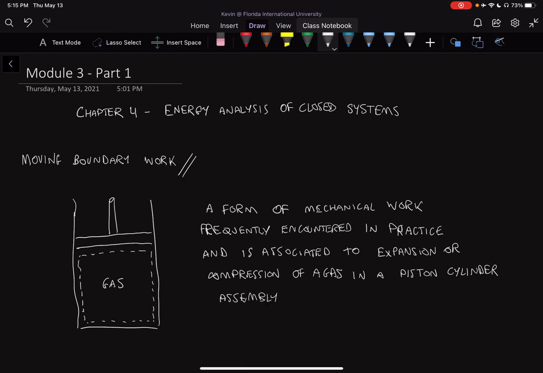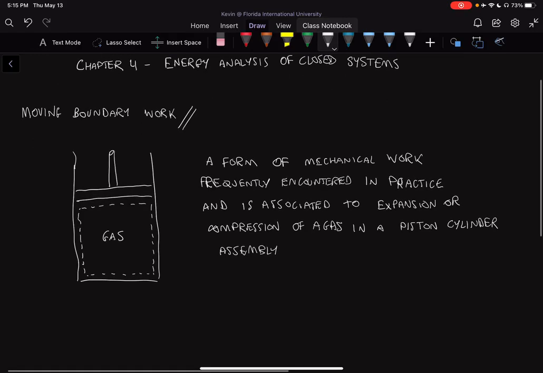And I really want to take some time to understand what's happening here, and having the definition here I think is important. Okay, moving boundary work is also sometimes called PDV work.